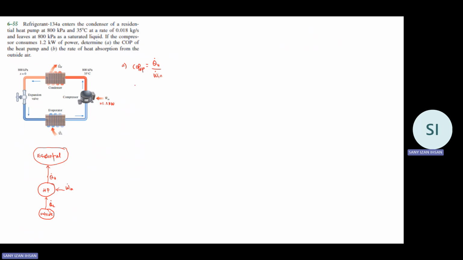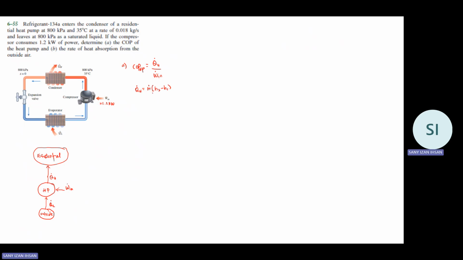Q_H dot is not given, but from this problem we have a flow, and we are given the mass flow rate. Q_H dot is nothing but m dot times (h2 minus h1). We are talking about enthalpy because we have U plus PV, the flow work.